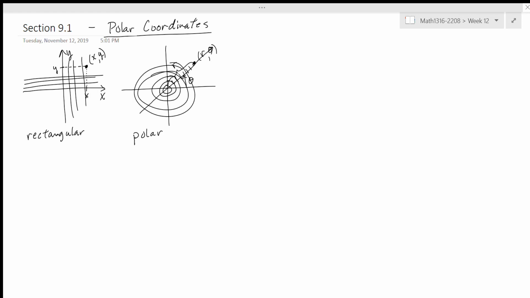So rectangular is based on over and up or back and down. And polar is based on rotating and then going out in that direction. You're going to rotate and then you're going to go. Got it?